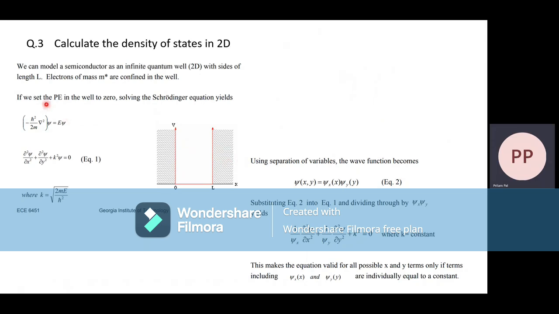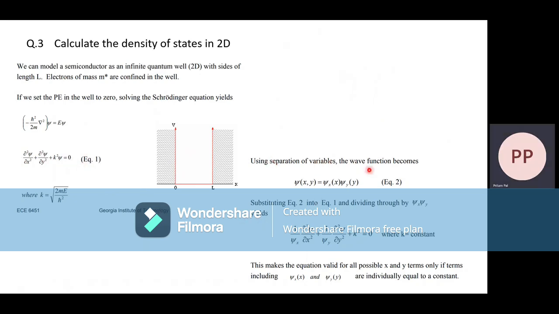Now, if you set the potential to zero as I mentioned, then according to the Schrodinger equation, it becomes like this. You just need to break the gradient into the corresponding components, so the x and y components will come over here.